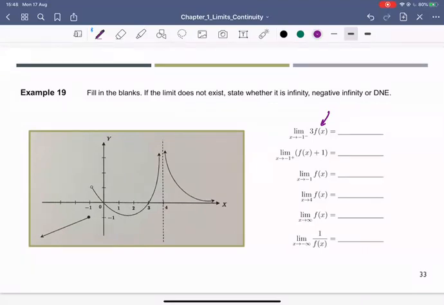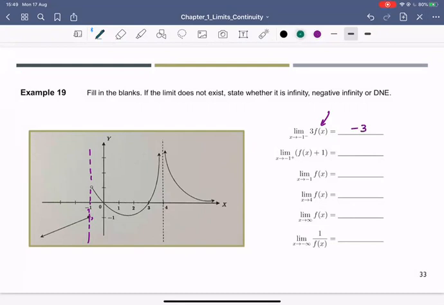So x goes to -1 from the left. This is equal to -1, right? But you have to multiply by 3. Technically you can pull number 3 out because of limit laws, and then you can just multiply number 3 by number -1 later. So this thing is going to be -3.